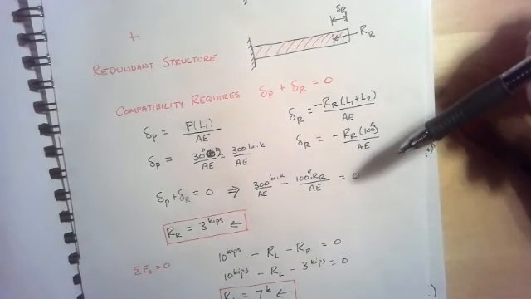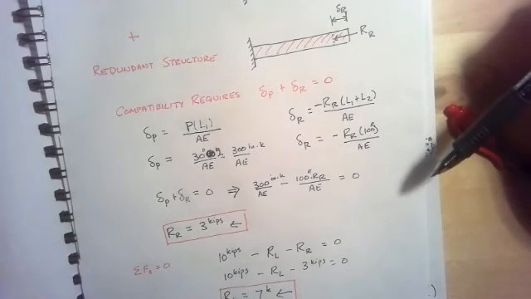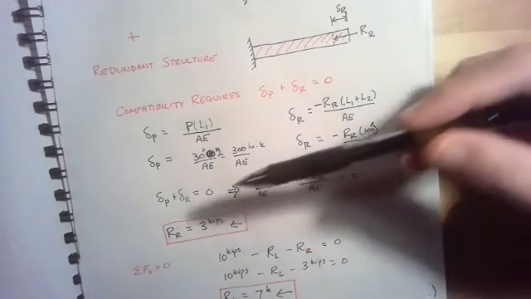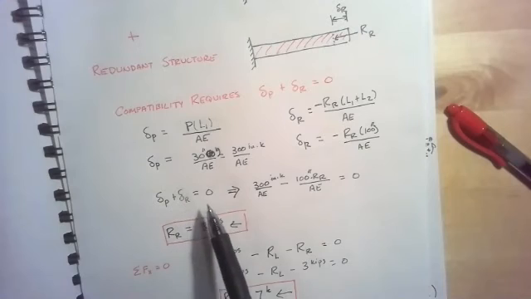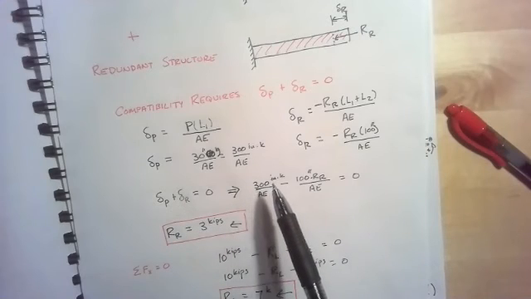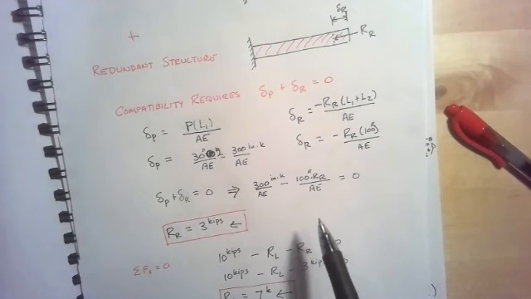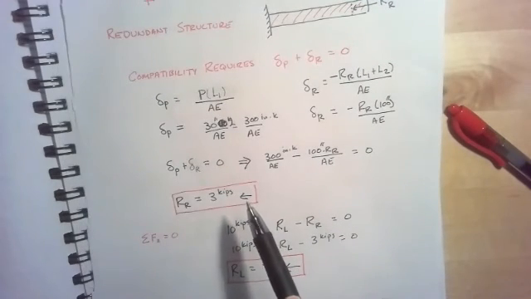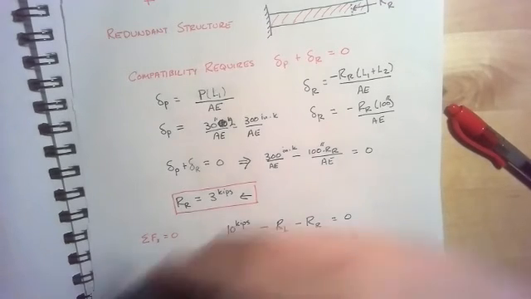That's going to reduce to negative RR times 100 inches over AE. Then I have the compatibility equation that says delta P plus delta R has to equal 0. So 300 inch kips over AE minus 100 RR over AE equals 0. And that's going to give us the solution that RR equals 3 kips to the left.